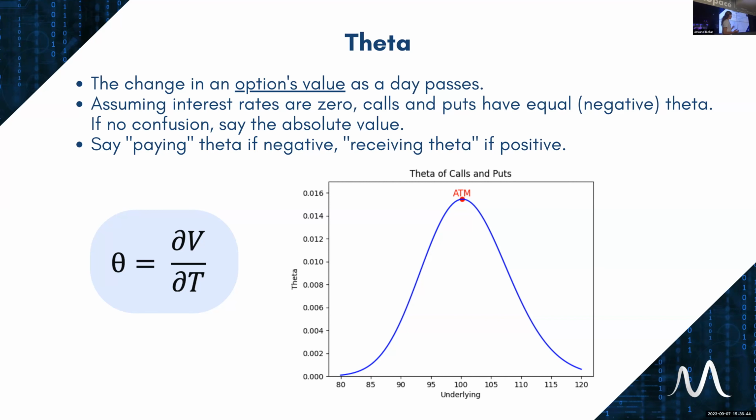So the theta and gamma graphs are closely related. They follow the same shape. It peaks at the money. You're paying the most theta at the money, and then you're paying less theta at the wings, because if you're already in or out of the money, you don't need to be paying theta, you just start there. So you can express theta as the derivative of option value with respect to time.